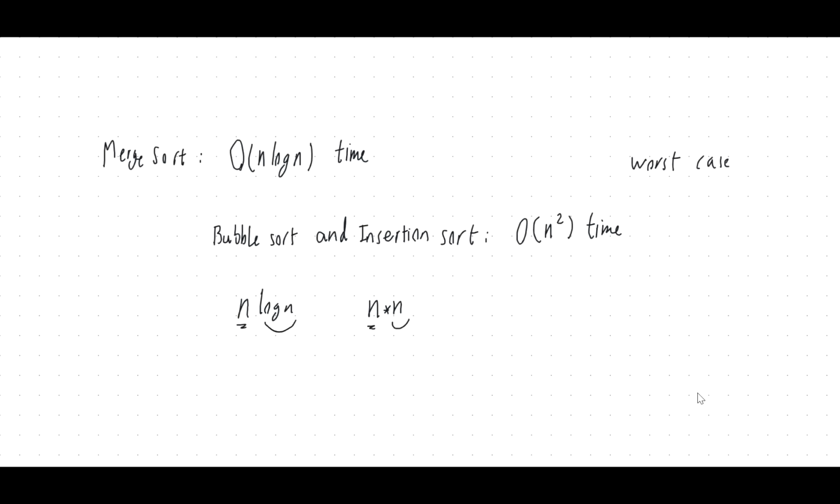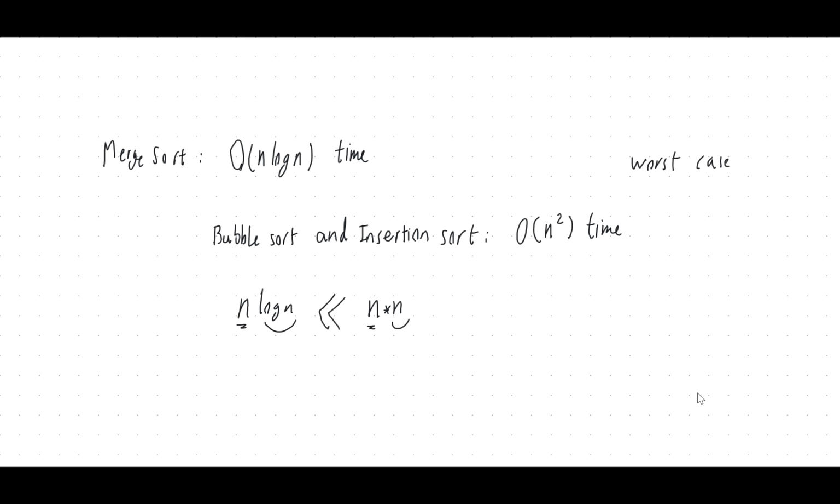Imagine this is log base 2: if n is 1,000, then log n is about 10, and if n is 1,000,000, then log n is about 20. So as n grows, log n doesn't grow as fast at all. And that shows that n log n is much, much smaller than n squared, especially when the size of your array becomes larger and larger.